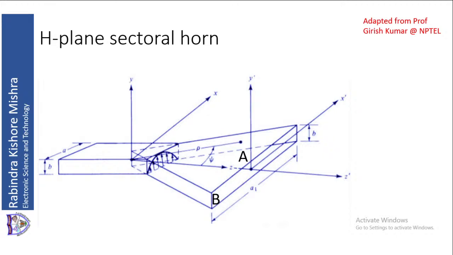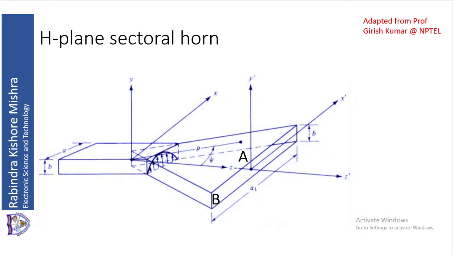Now we have seen that the face of the waveguide can be expanded along the x-axis, or it can be expanded along the y-axis. Either of the two axes we can expand it. If we can expand in either of the two axes, we can expand in both axes.